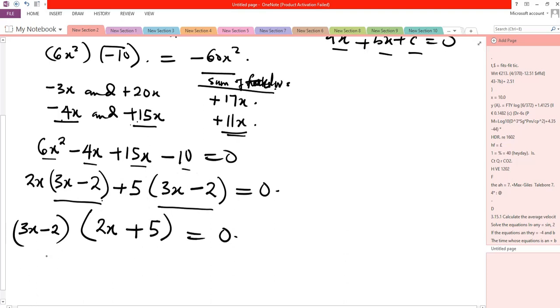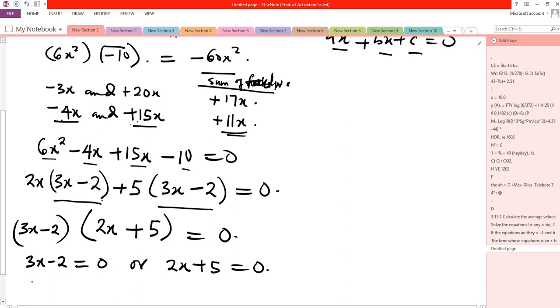So this is it. That means the equation is now 3x minus 2 is equal to 0, or 2x plus 5 is equal to 0.